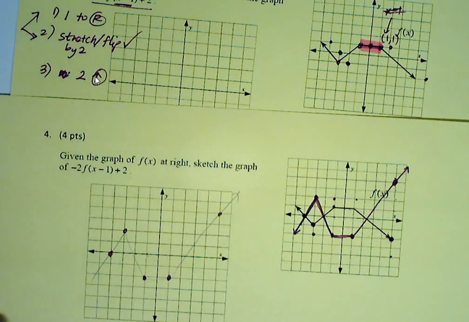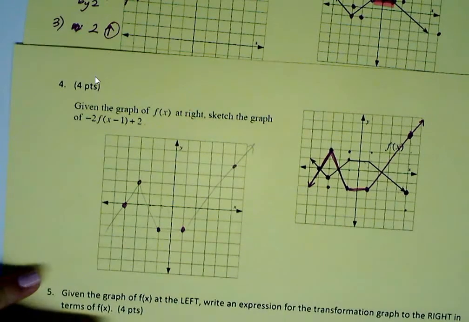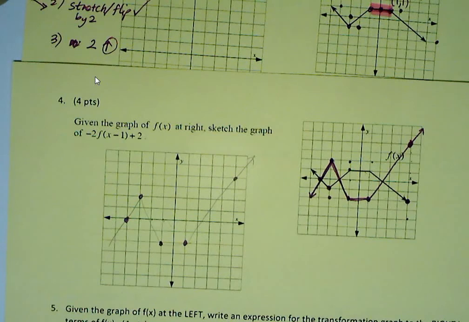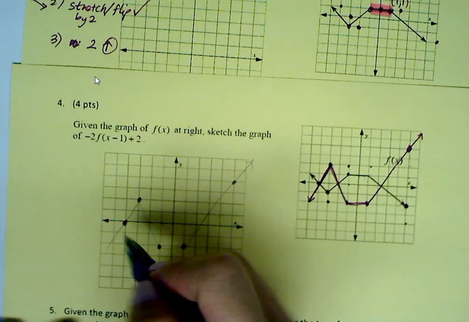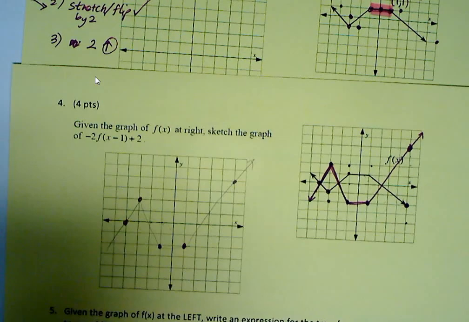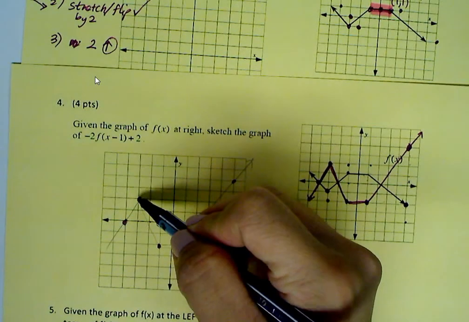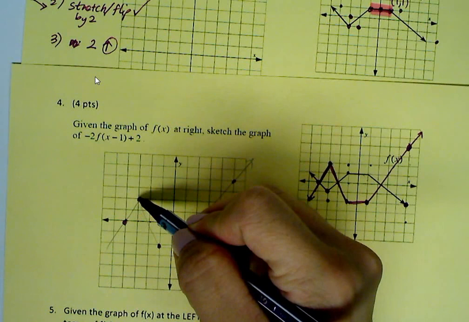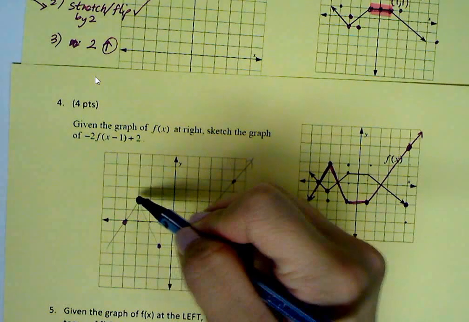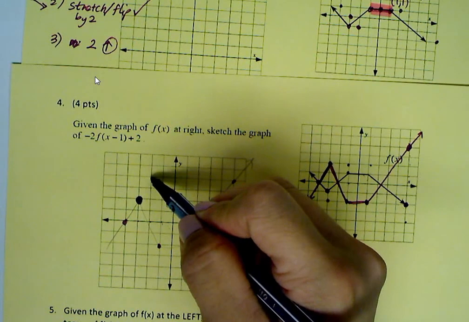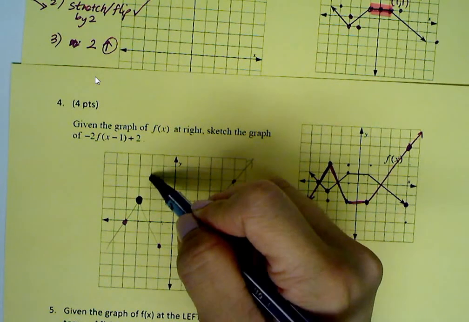No. Take this one and move it 1 to the right and 2 up. Am I doing this right? Oh yeah, okay. This one, move it 1 to the right and 2 up. So then we have our graph. See that?